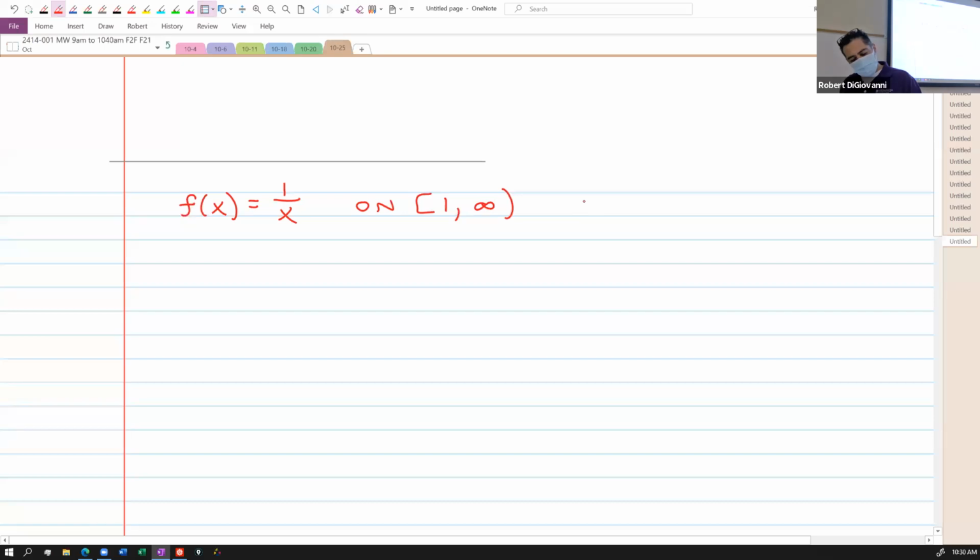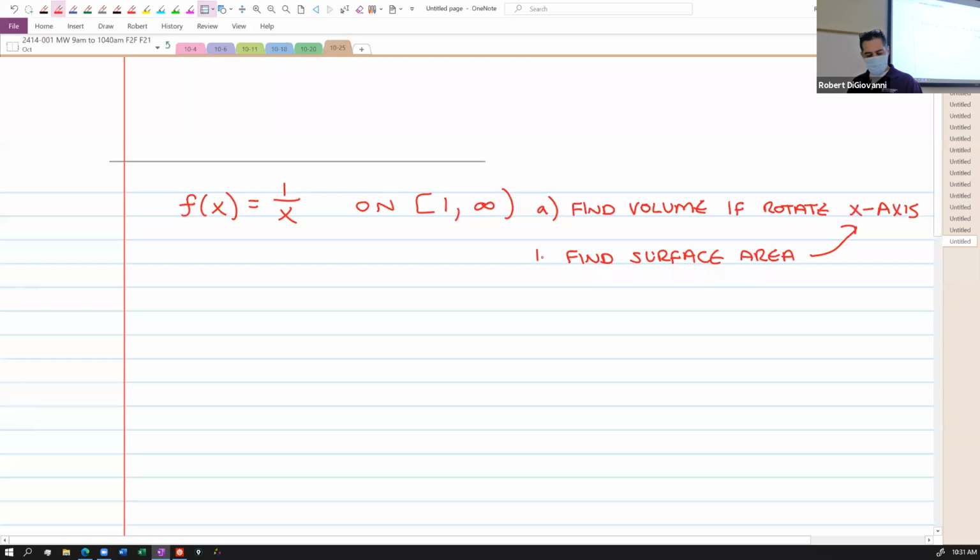I'd like for you to find the volume if you rotate around the x-axis, and then find the surface area if you rotate around the x-axis. Two problems, A and B.